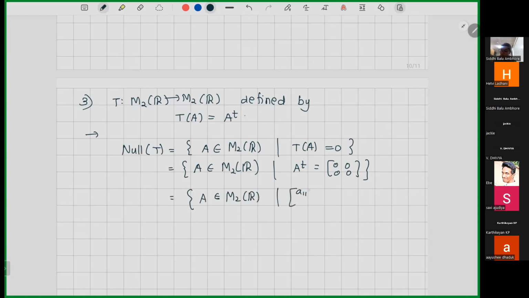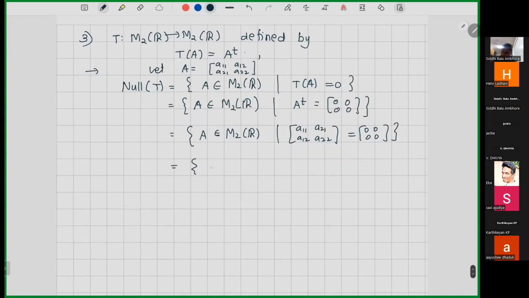If I take A to be A11, A12, A21, A22, then A transpose is A11, A21, A12, A22, and this is now 0, 0, 0, 0.